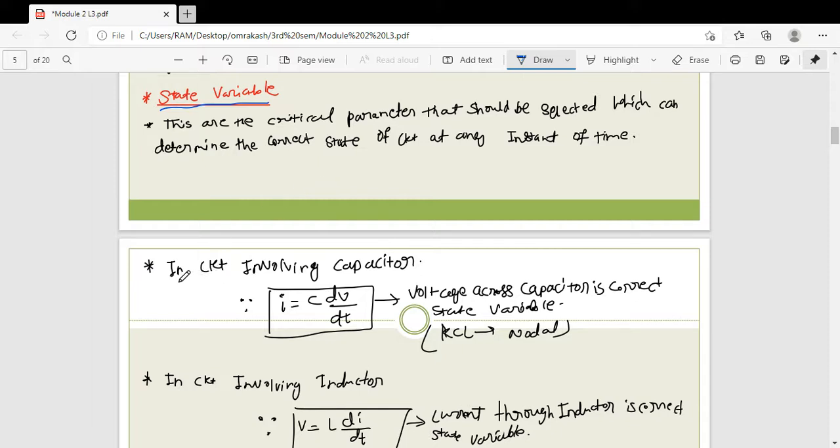Now if the circuit involves a capacitor, then the voltage across the capacitor is the correct state variable, because a capacitor doesn't allow a sudden change in voltage. So in that case, you have to consider the condition of that voltage: what is the voltage at 0 minus instant of time, at 0 instant of time, and at 0 plus instant of time.